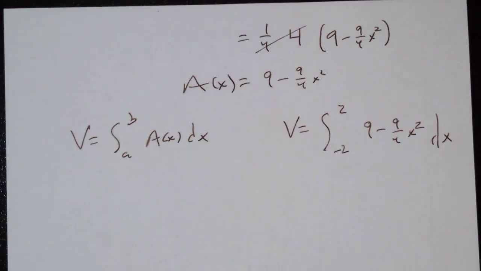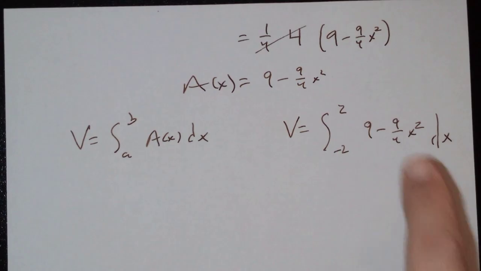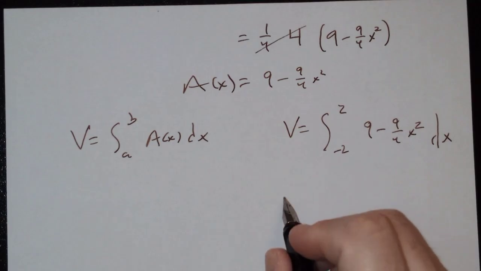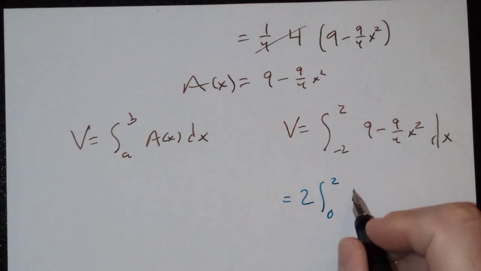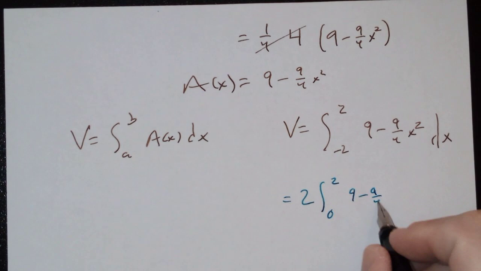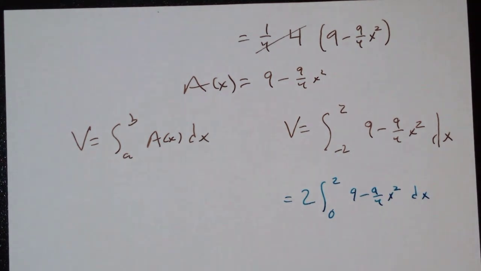So that's x to the 0, right? And 0 and 2 are both even numbers. This is an even function. With our symmetry from chapter 5, I can actually say this is twice the integral from 0 to 2. And that'll make the integral easier to do because now one of the numbers I'm going to plug in is 0.